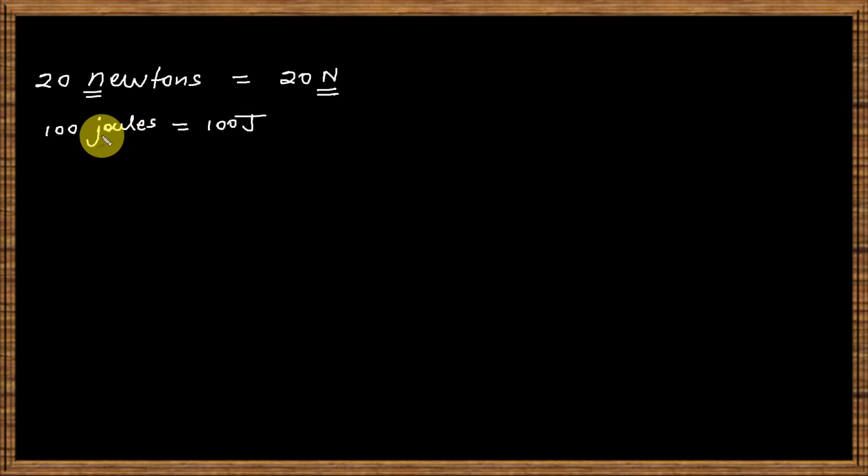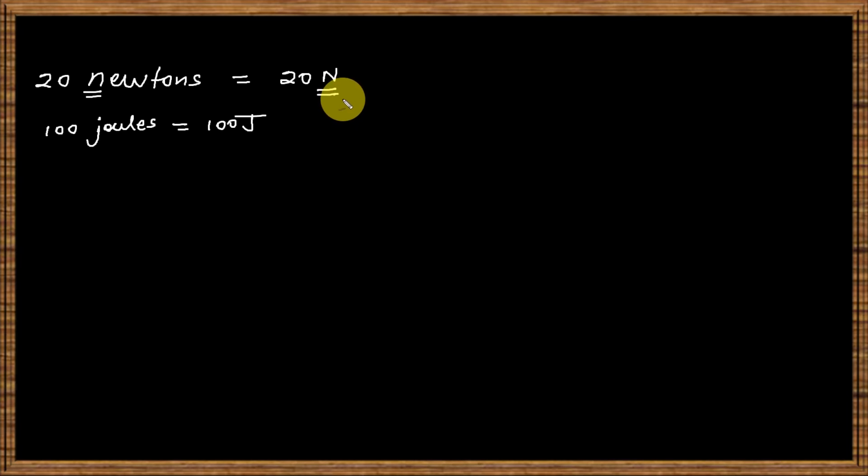So when you write the unit as a complete word, you will start that word with a lowercase letter. But when you write the unit as an abbreviation, then you start the abbreviation with an uppercase or capital letter. That's all there is to this unit, 20 newtons or 20 N. Remember that. Very, very important.